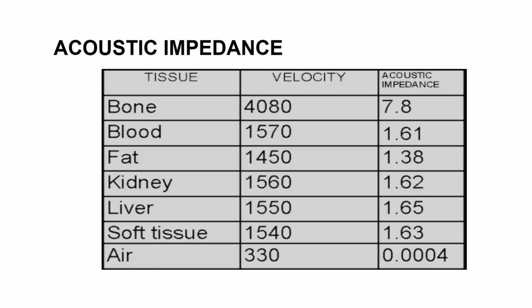This chart shows the acoustic impedance in various types of tissue in the body and the velocity of sound in different tissues. Here you can see bone has the highest acoustic impedance and sound velocity, while the lowest is air, which has the lowest velocity as well as the lowest acoustic impedance.